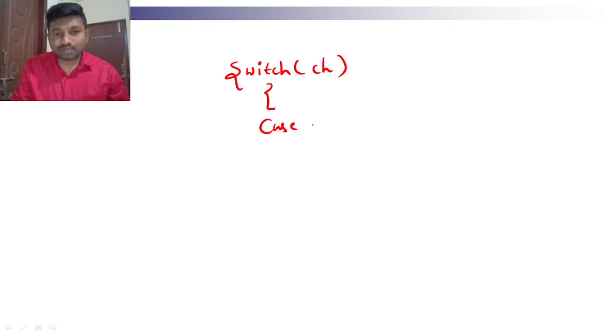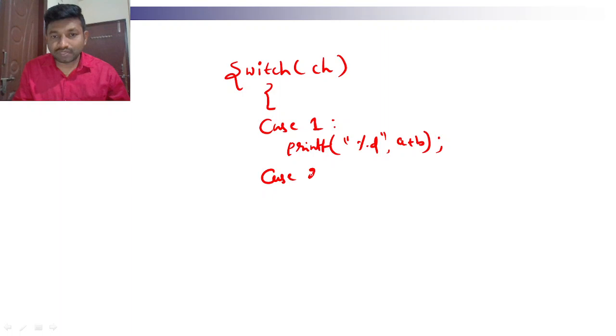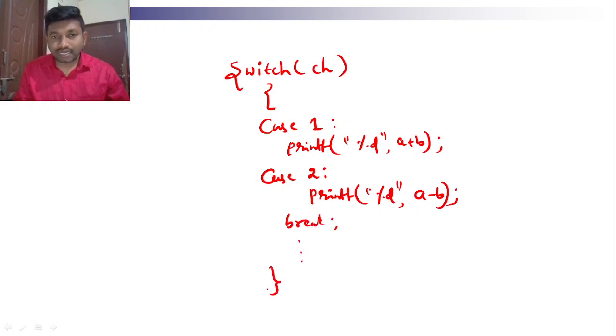Case 1, I write printf %d, a plus b. And if I forgot to write the break statement and go with case 2, there I will printf %d, a minus b. Here I will write the break, and so on.